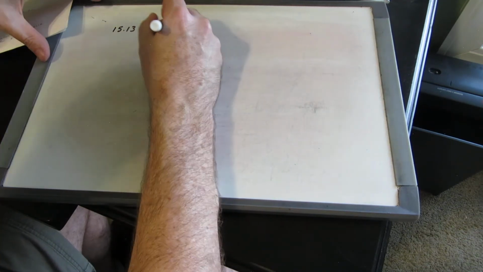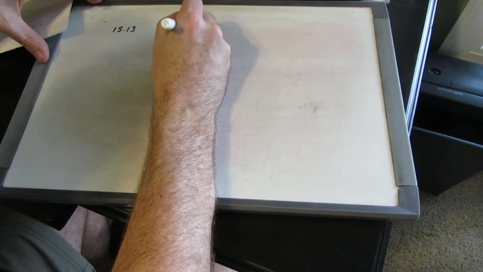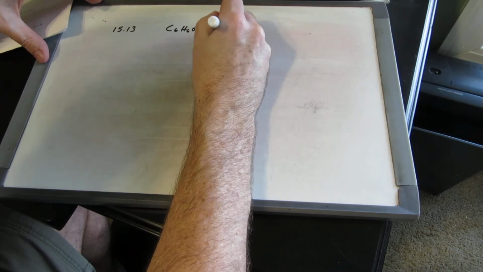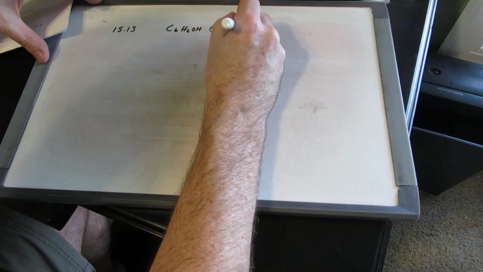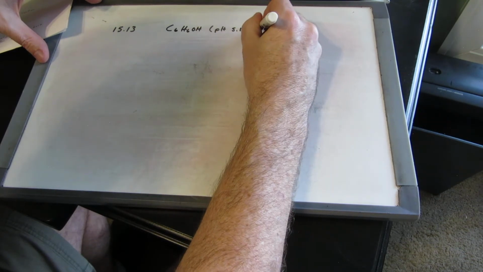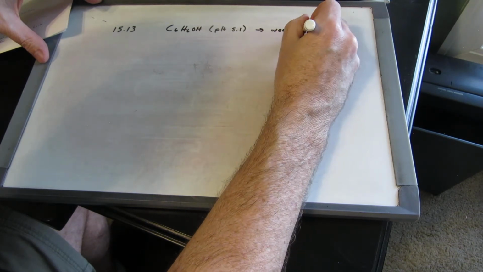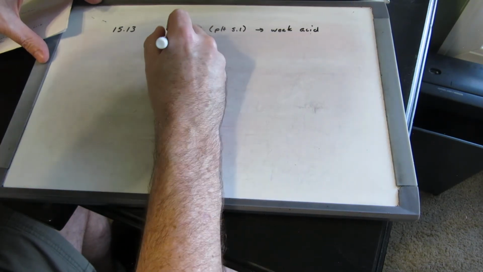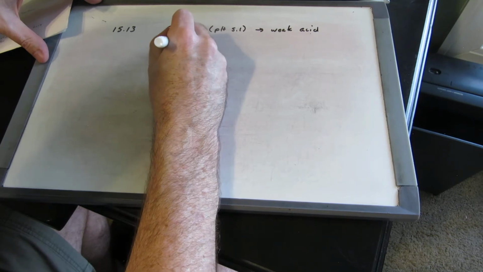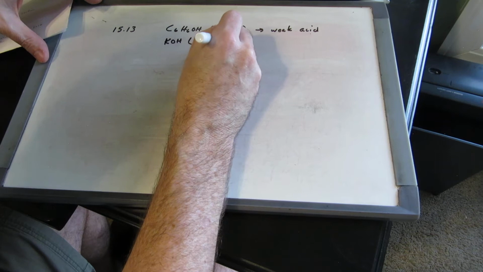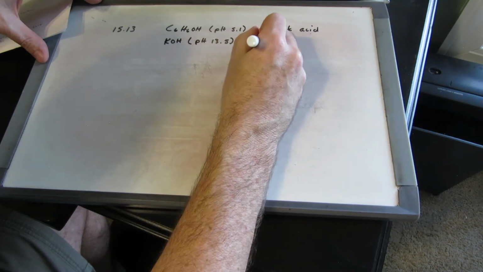So C6H6OH has a pH of 5.1. Okay, so that is going to be a weak acid. Just refer to the table. KOH with a pH of 13.5 is a strong base.